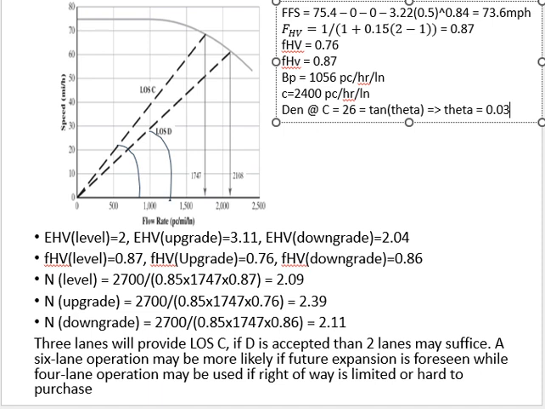Okay, 0.03 means this is my slope, and this is my angle. Is this correct? Check it. The tangent theta is 26.